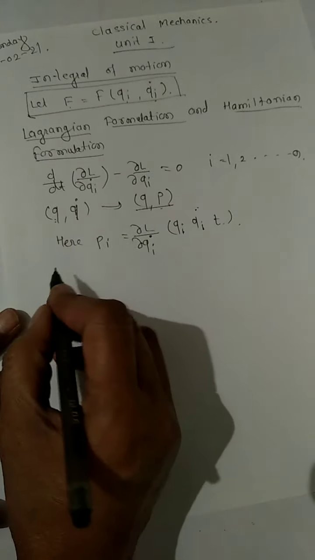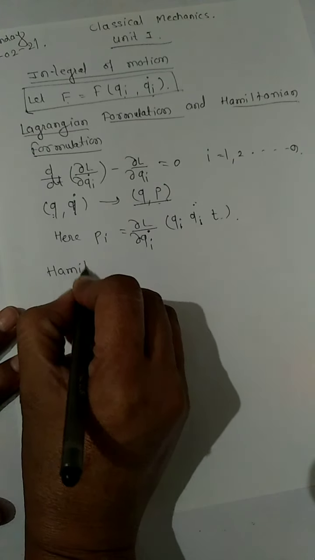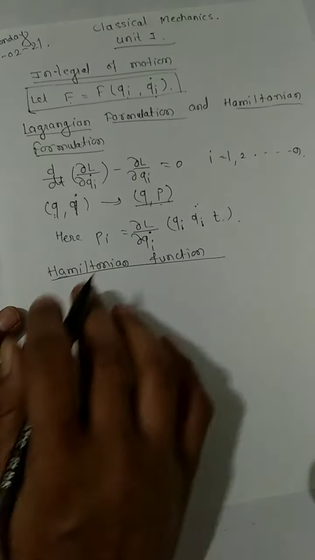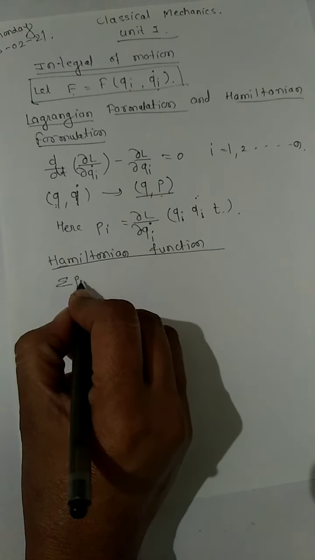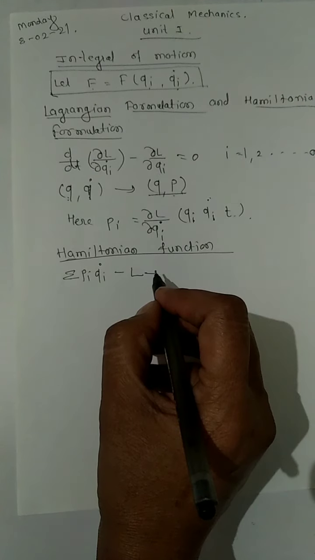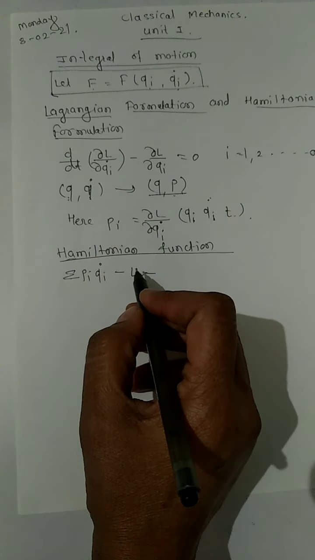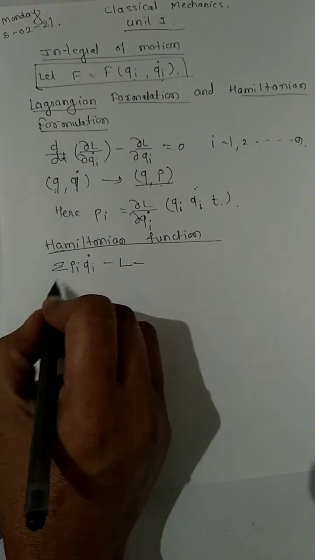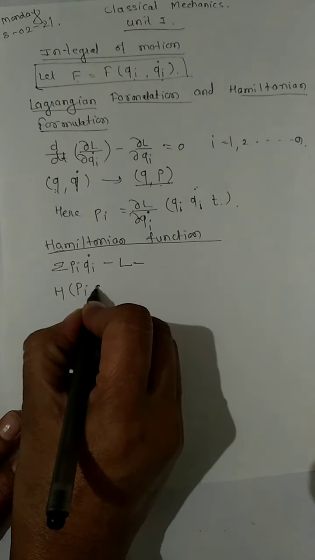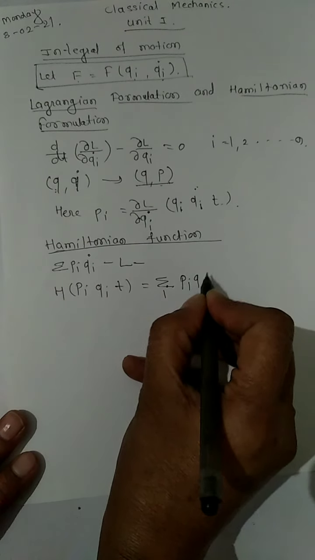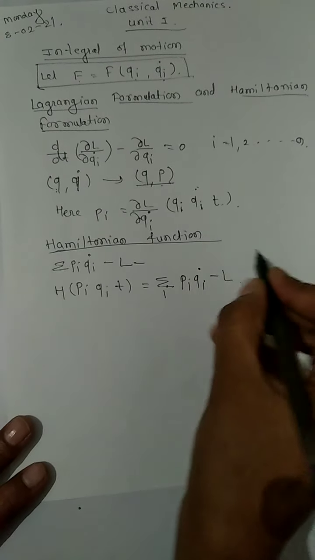Then the Hamiltonian function. The quantity summation pi qi dot minus L, expressed in terms of generalized coordinate q, generalized momentum p and time t, is called the Hamiltonian and is denoted by H. Thus we have H of pi, qi, t is equal to summation over i of pi qi dot minus L, where i is equal to 1 to n.